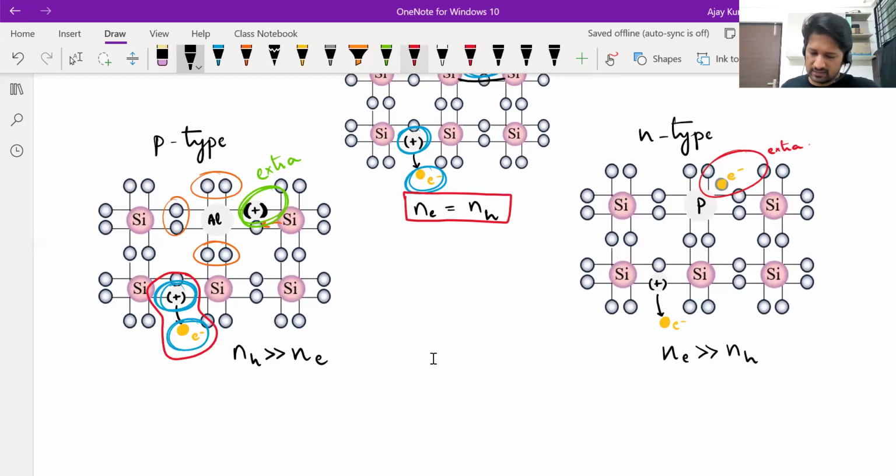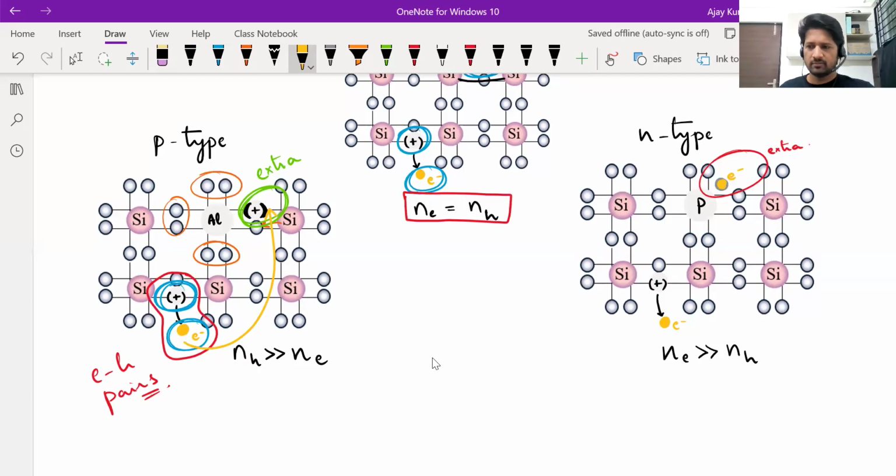Now, these intrinsically created electron hole pairs, how are they formed? When a valence electron jumps into the conduction band, that intrinsic electron hole pair forms. Now, this conduction electron can go and fill this hole.